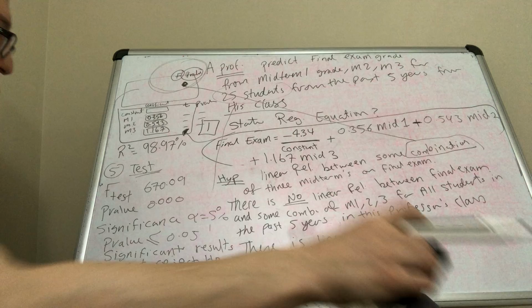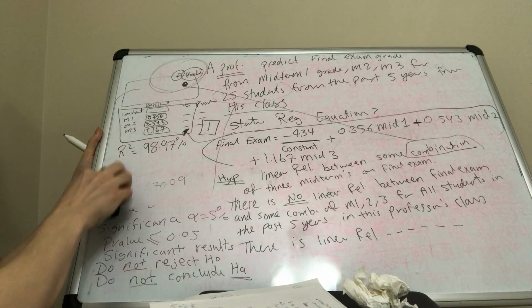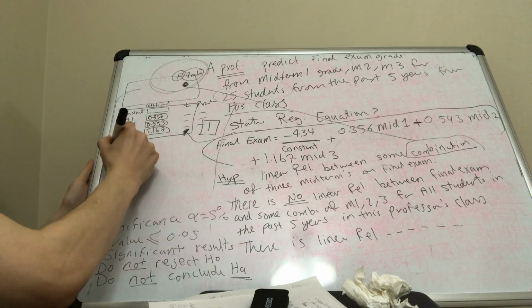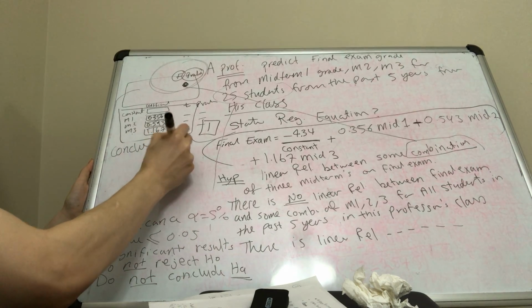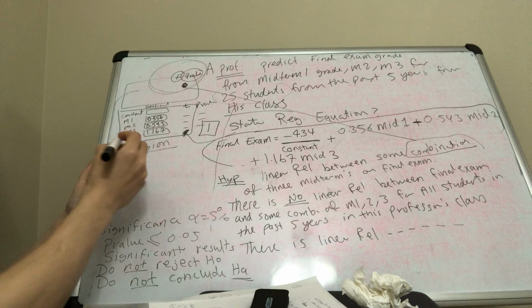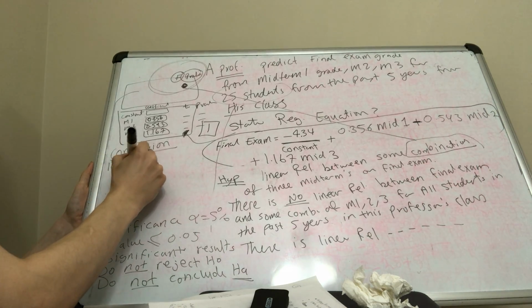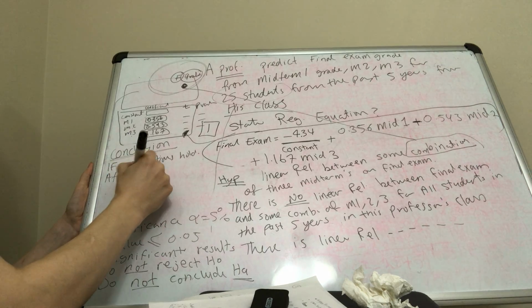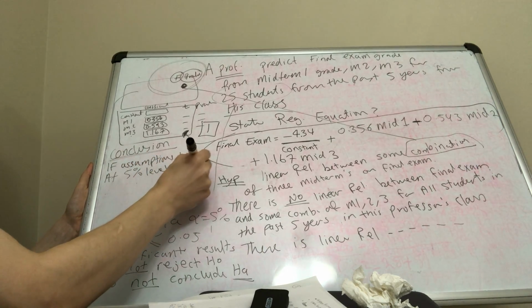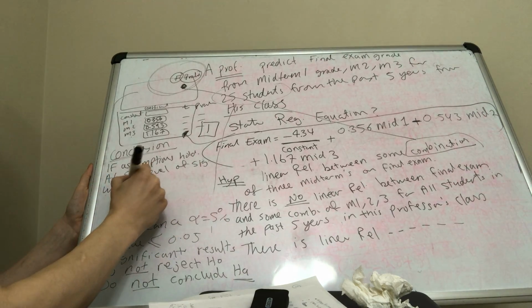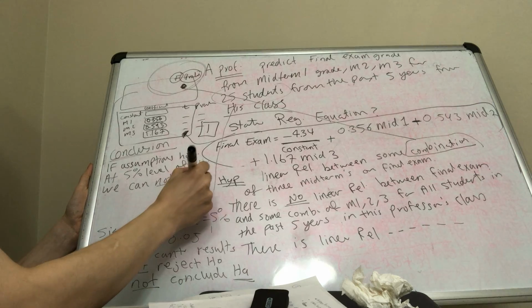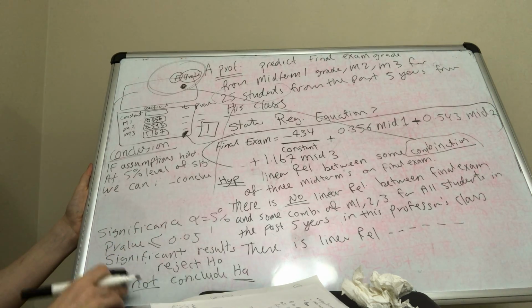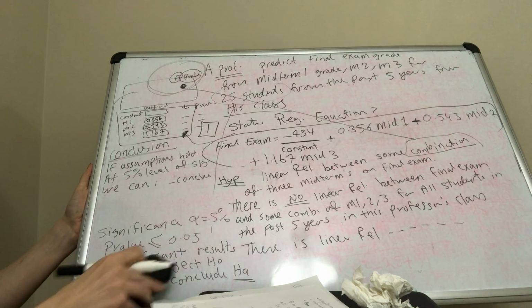And then they wanted the conclusion. You say, if assumptions hold, at 5% level of significance, result significant, then reject H0, conclude HA.